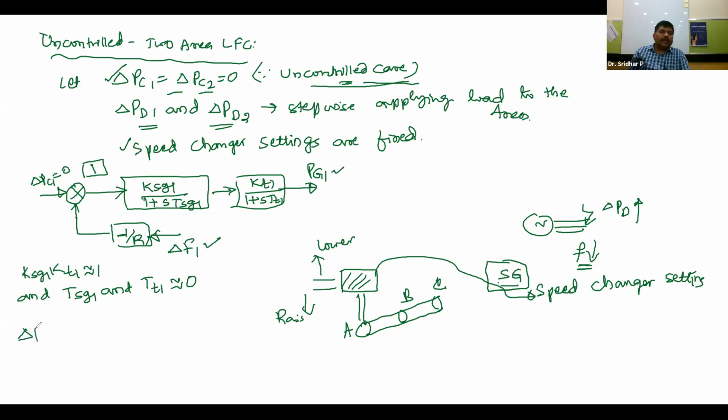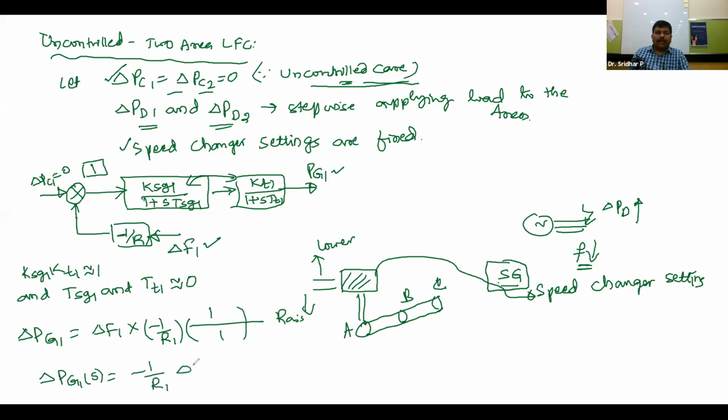So delta PG1 equals the input delta F1 into the cascaded blocks: first minus 1 by R1, into the product of the blocks, where the denominator is also approximately 1. So approximately delta PG1 of s is equal to minus 1 by R1 into delta F1 of s. You can call this equation 1.